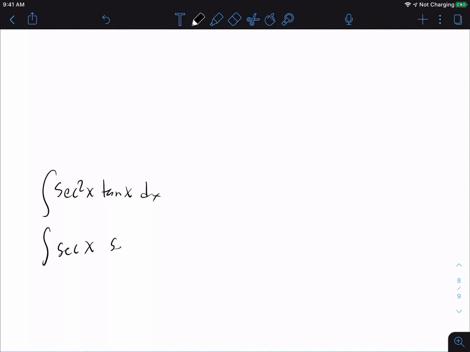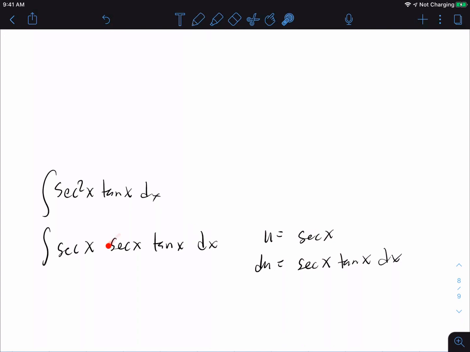And our problem was secant squared x tangent x dx is our integral. So I'm going to break it up so it's secant of x, tangent of x. Agreed? So if I make u secant of x, du is going to be secant of x tangent of x dx.